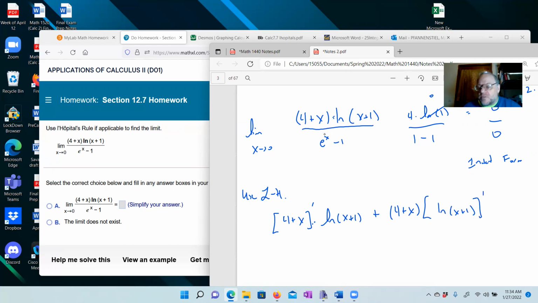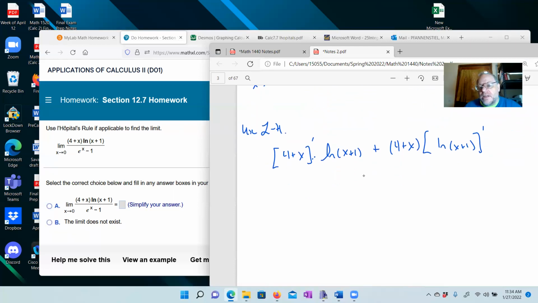Okay, so we're just working on the top here. Bottom is a pretty easy derivative. Here the derivative of 4 plus x is just 1, right? Derivative of 4 is 0, derivative of x is 1. So 1 times ln(x plus 1), plus (4 plus x) times the derivative of the natural log function, right?